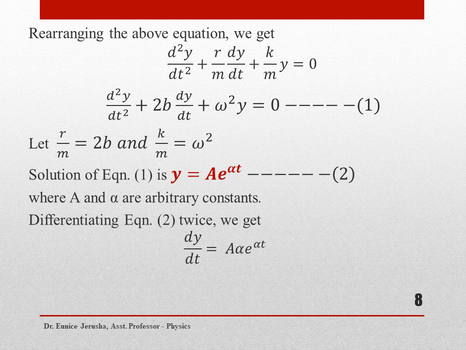So, we obtain the first derivative of y, dy by dt, to be equal to a alpha e power alpha t. On differentiating this equation again, we have d square y by dt square equal to a alpha square e power alpha t. We call this equation 3.